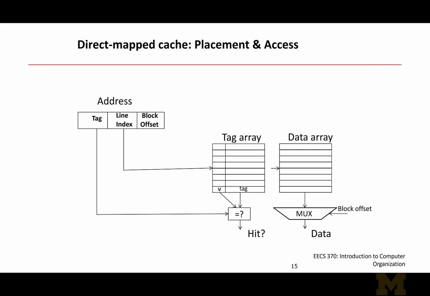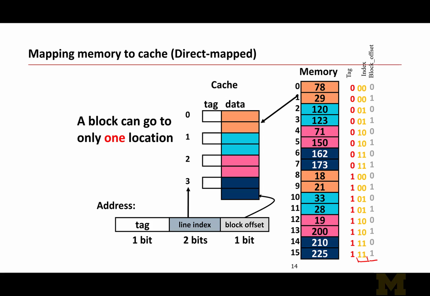Now, we also talked about the fact that many cache blocks can map to the same cache line, and that is highlighted by the colors that are shown. So any cache block with the address index 0 will map to the first cache line.